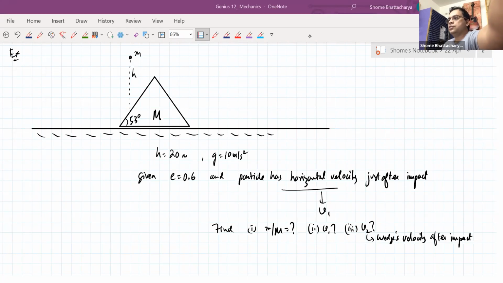Yes, so that's correct. Momentum along the inclined plane of the wedge, but for what?